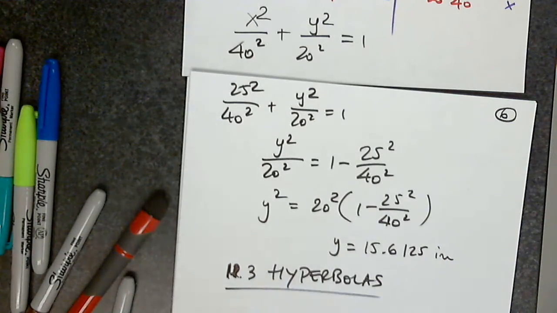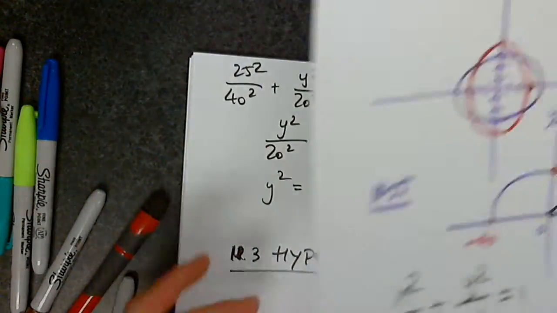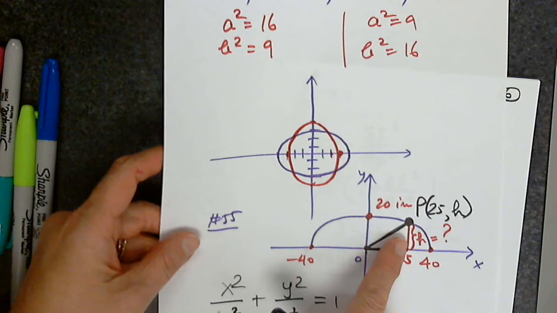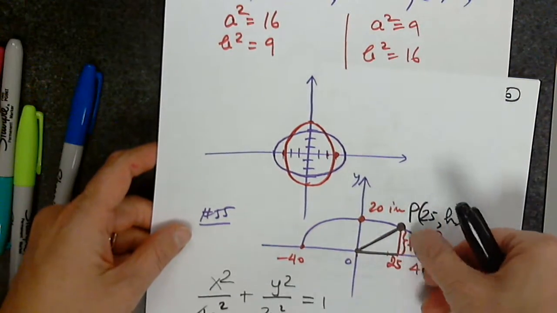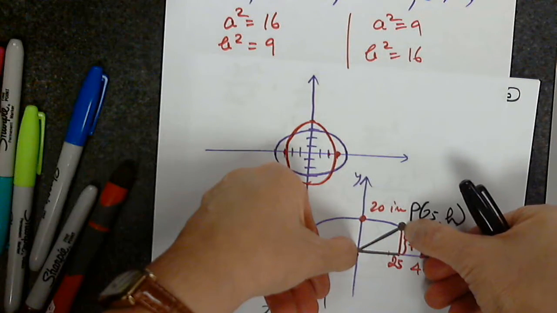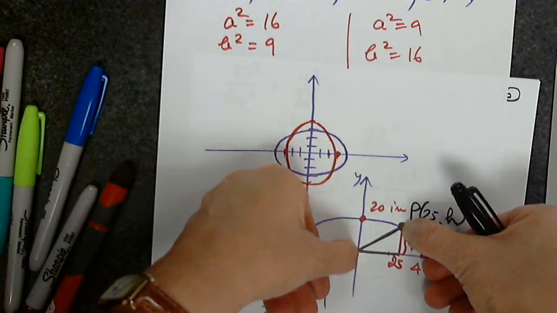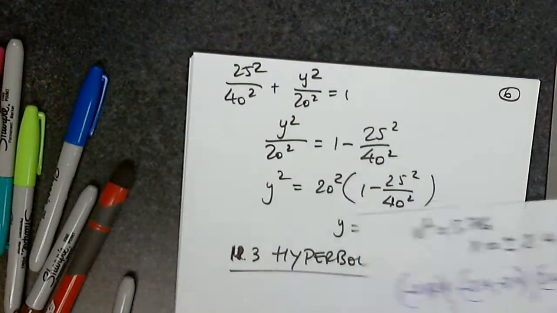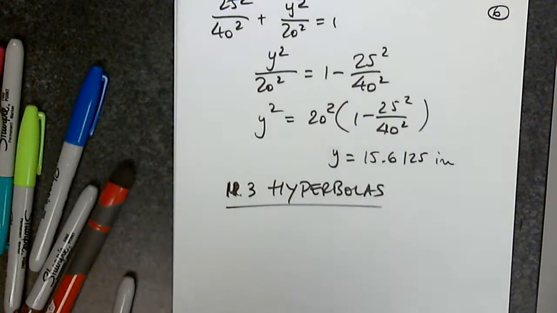Did we get the same thing? Okay, perfect. So that is the height. So knowing 25 and knowing the height, now he can measure and cut this accordingly. Assuming that that was the target. I don't know.